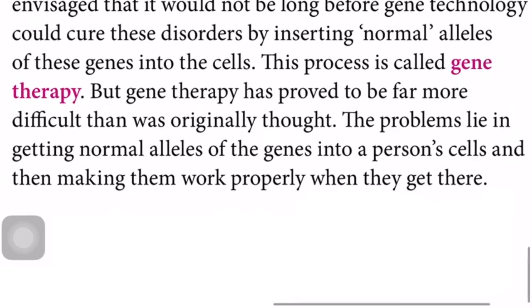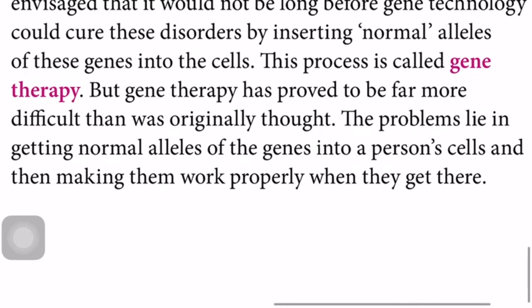Since these diseases are caused by faulty genes, if we can insert the normal alleles or normal genes, alleles are alternative forms of genes, so same thing, into the cell, then that problem could be cured, or at least the effects of the disease can be minimized. This process is called gene therapy.